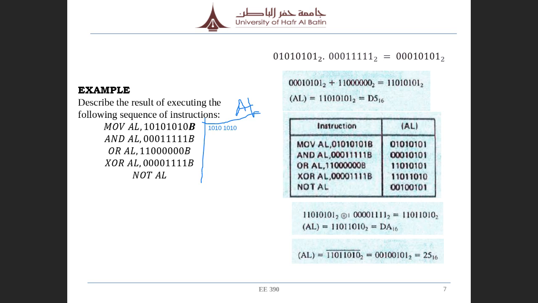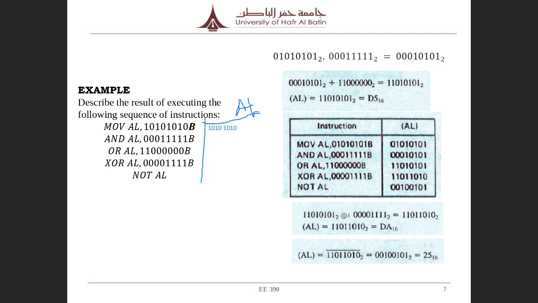But 1 doesn't make change, right? So it will be 000 and then 01010. Is that okay?